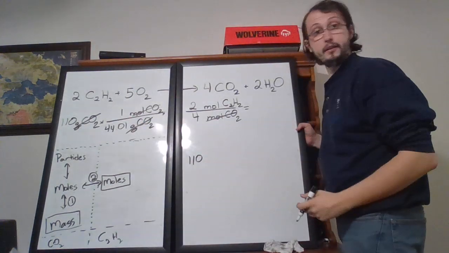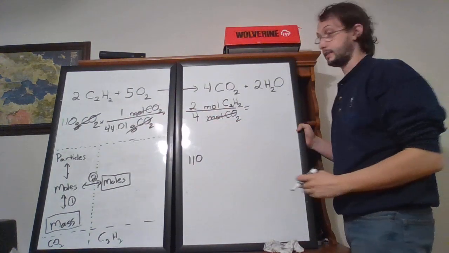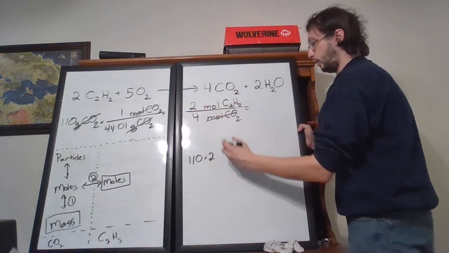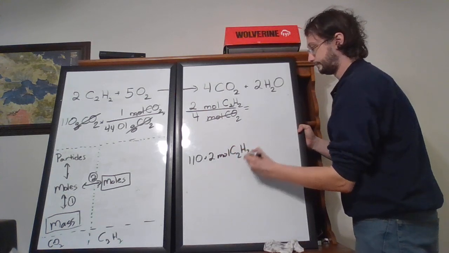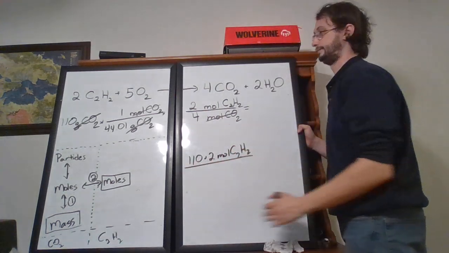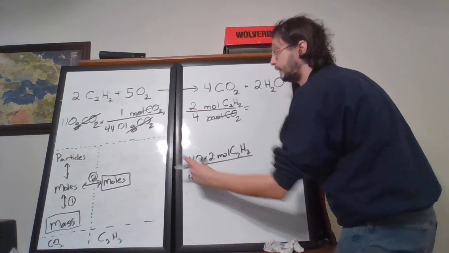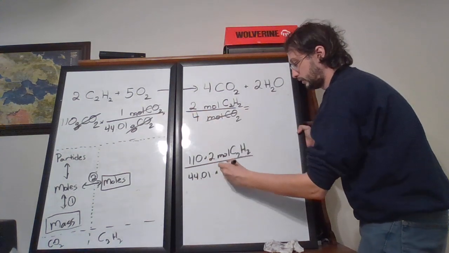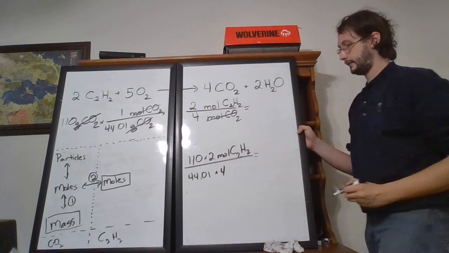Times 1 is itself, so we don't need to actually do that math. That's still 110. Moles of carbon dioxide canceled out. Times 2 moles of C2H2 over 44.01. Well, grams of carbon dioxide cancel it out, times 4 moles of CO2 cancel it out. This is all that's left.